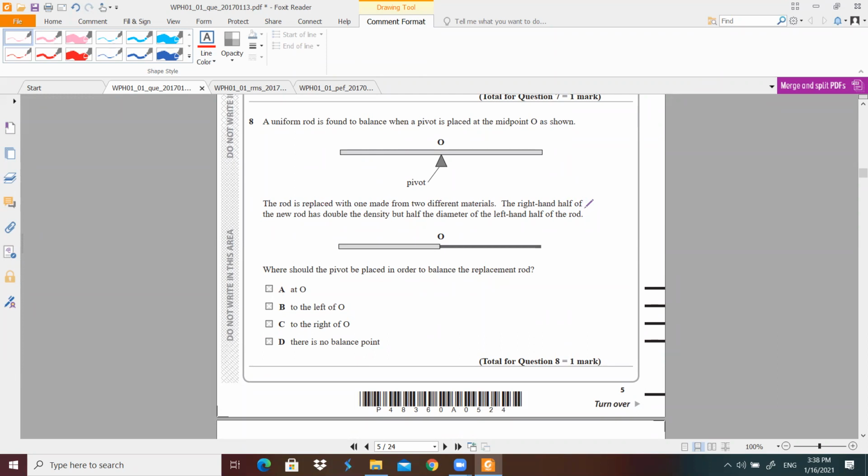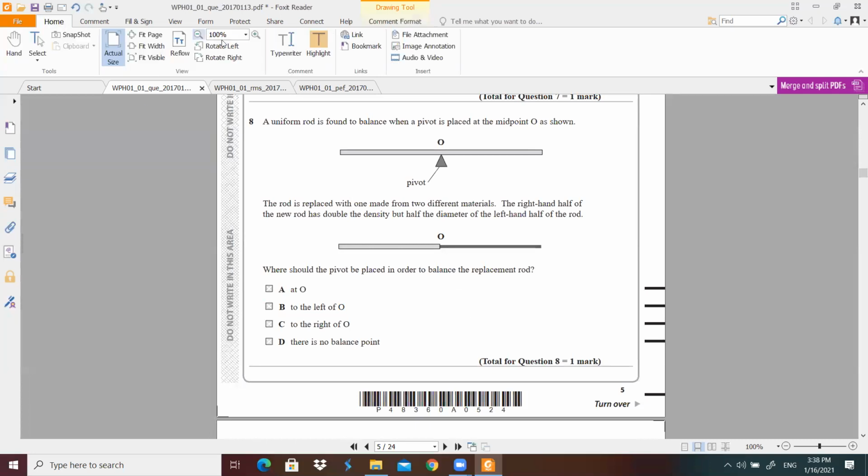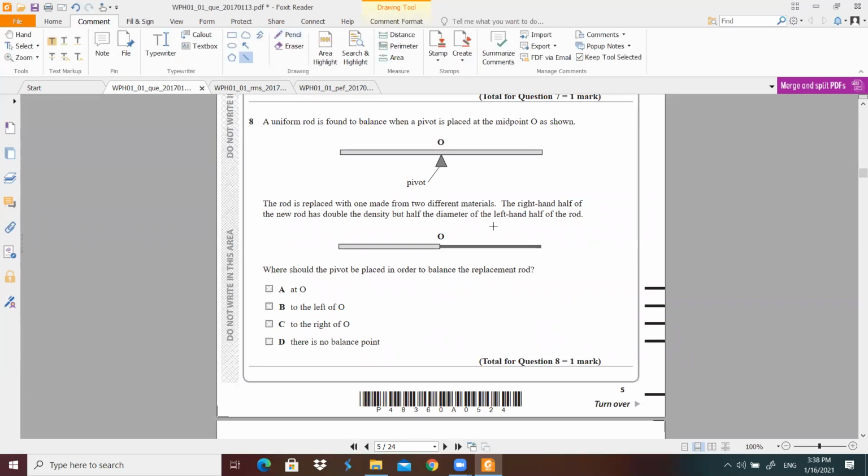The right hand half of the new rod has double the density. Okay, this is where you have to start marking. The right hand half of the new rod, they're talking about this part, has double the density and half the diameter. Length is the same, density doubled, and diameter is halved.